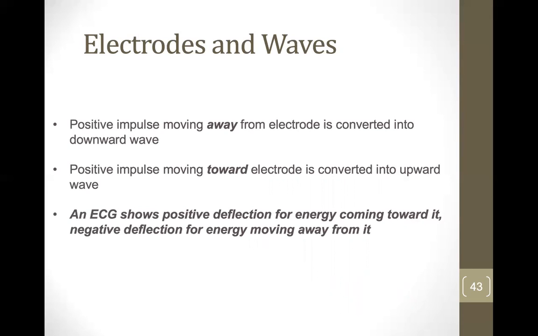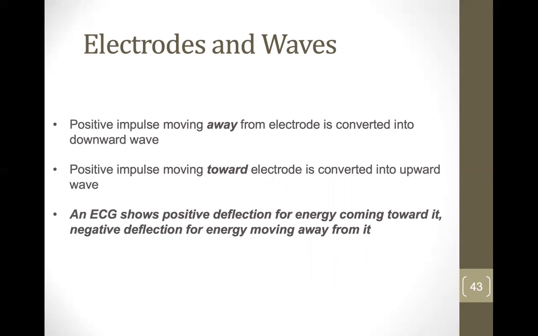When we are standing on the positive lead and we're taking a picture, if the positive impulse is moving away from the electrode, so away from you, so you're standing as the cameraman, and we see this positive impulse moving away from me, it comes out with a picture of a downward wave. So it's something that'll be below the baseline.